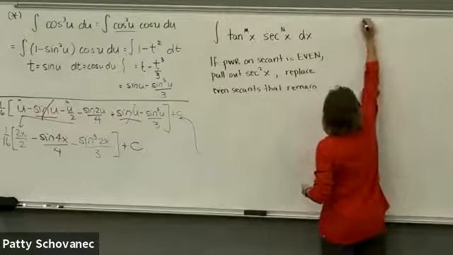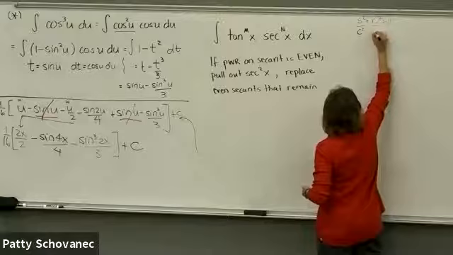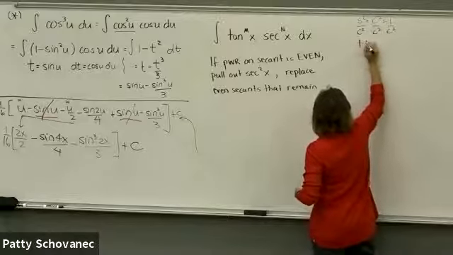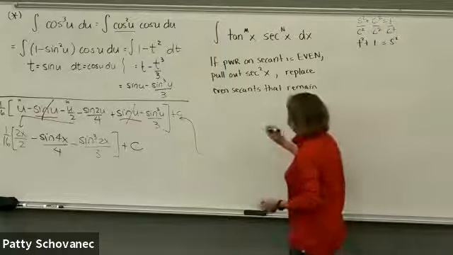I always forget it. Sine squared plus cosine squared is 1. Divide by cosine squared says that tangent squared plus 1 is secant squared.